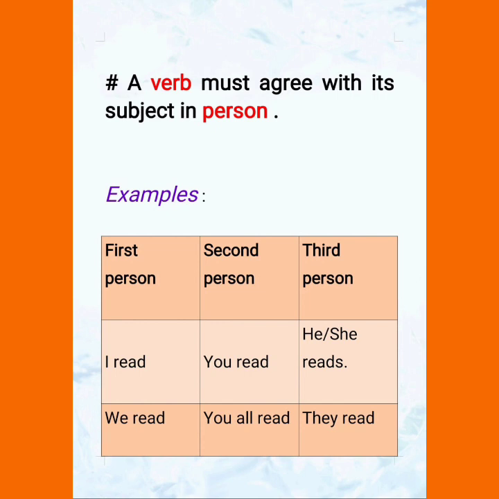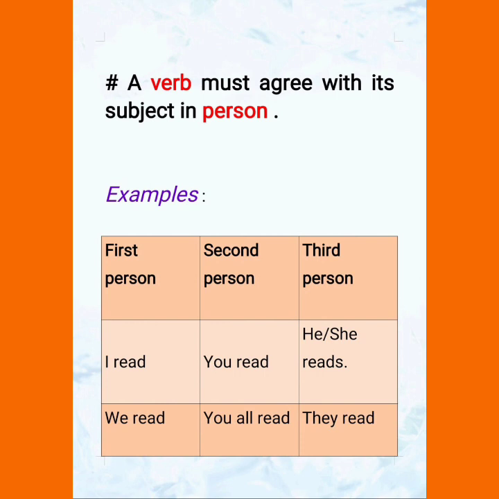A verb must agree with its subject in person also. As you know, there are three persons: first person, second person, third person. First person is the speaker of the sentence, and the words used as first person are I and we, and they always take a plural verb.